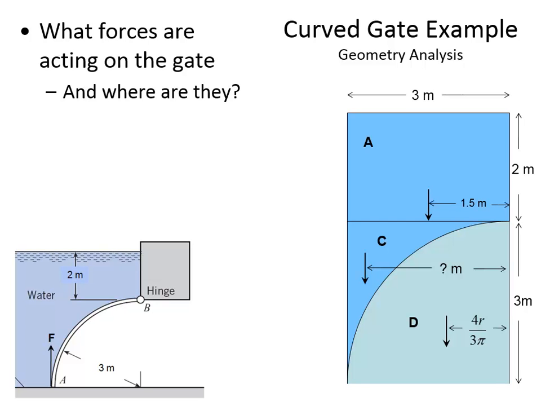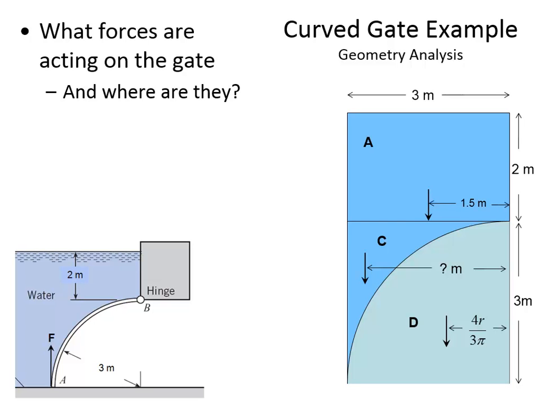Okay, so the vertical projection looks like a plate that is 4 meters wide and 3 meters tall. That's what the vertical projection looks like.